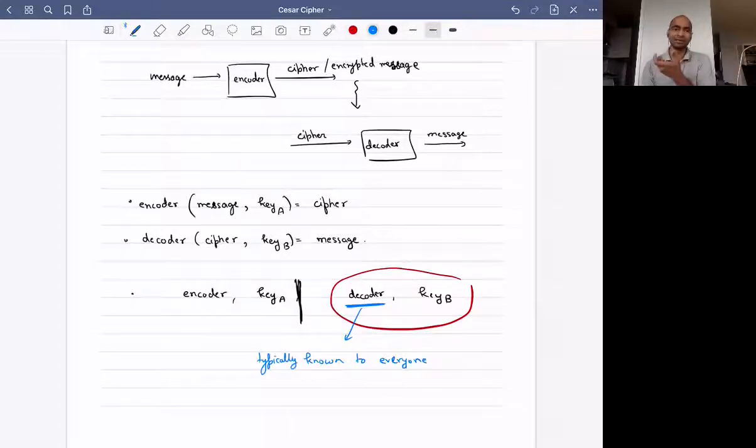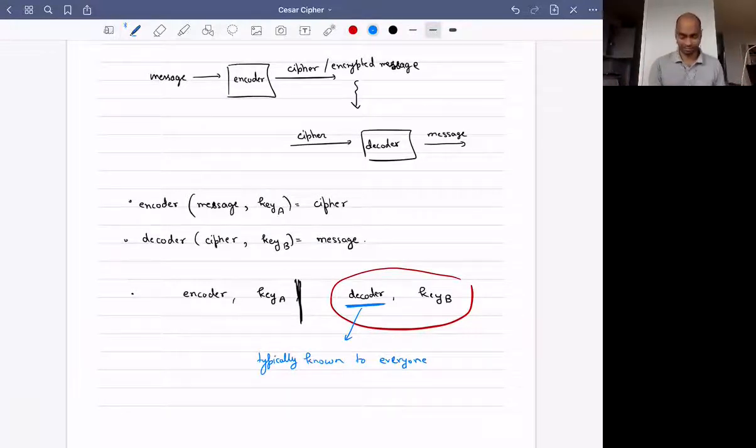Typically, it's the key that you shouldn't tell anyone. That's, for example, the password. Like Gmail is not the secret. Everybody knows that people use Gmail. It's the password of Gmail that is the secret. So in the same way, it's the key that is the secret. Okay, so that's again a very broad explanation of how crypto systems work.